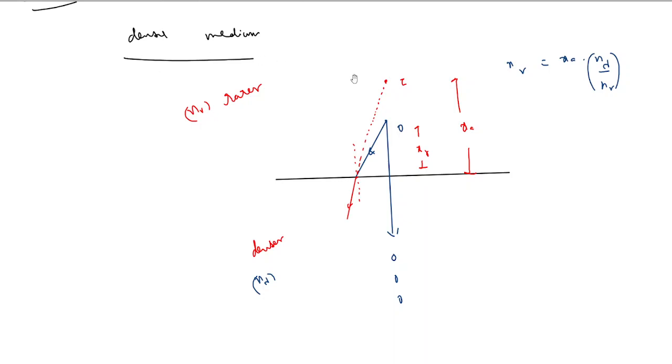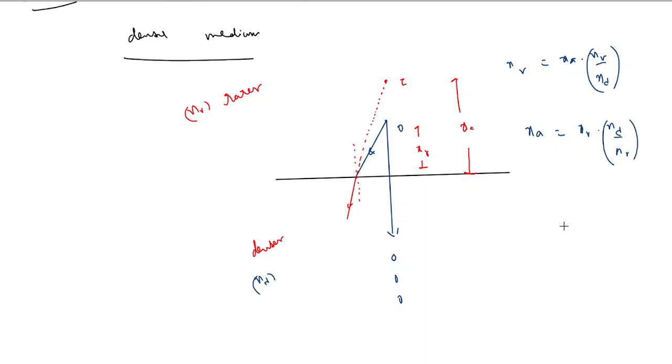No, I'm sorry, it becomes nr by nd, because in this case x real is less. So from here x apparent is equal to x real into nd by nr.